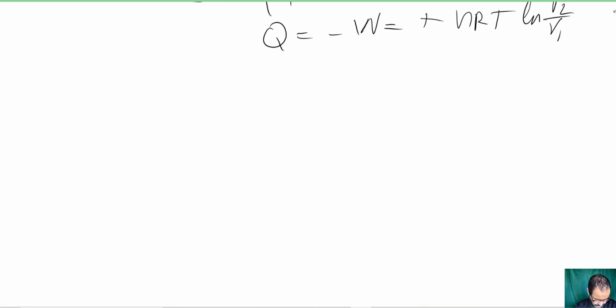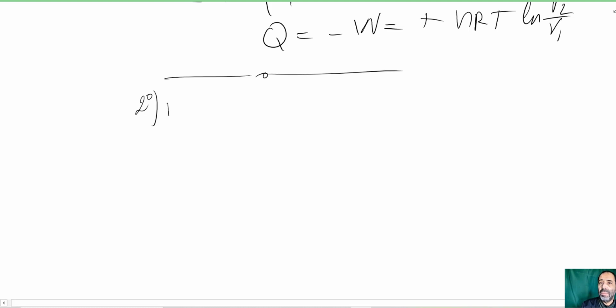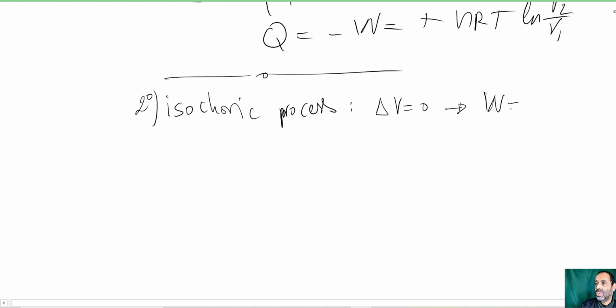Another process of interest to us is one where the volume is constant. So we're going to talk about the isochoric process, where there is no change in volume. If there is no change in volume, then W is equal to 0.